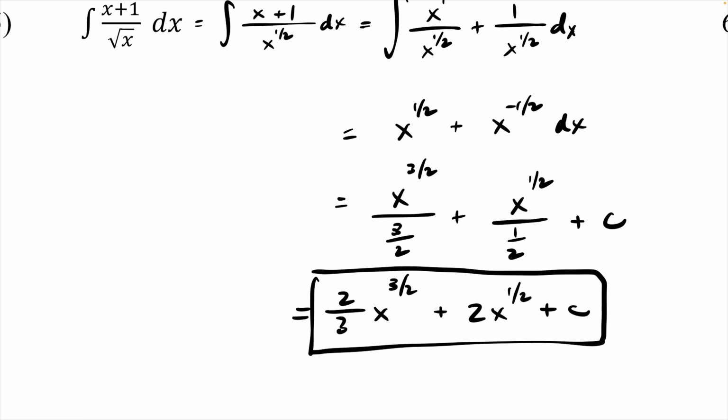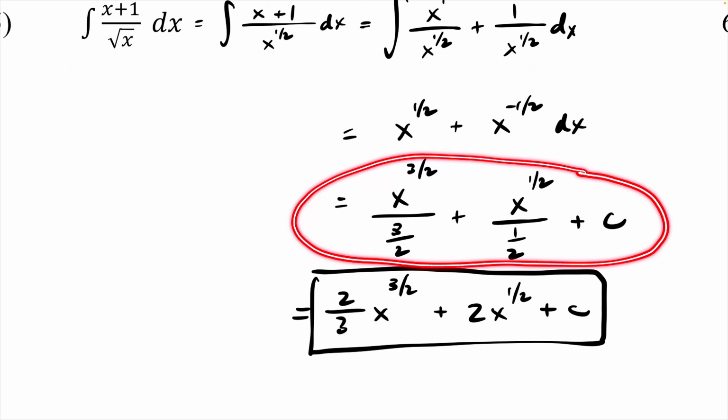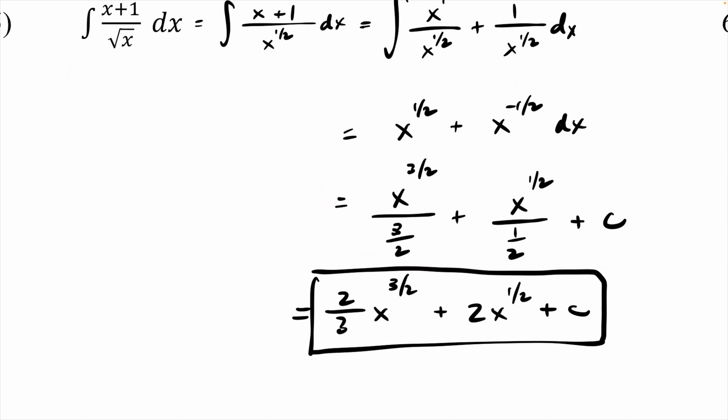Yeah, so instead of dividing by a fraction, just multiply by the reciprocal. Skip this step here where you're dividing by fractions. Just multiply by the reciprocal, 2/3, 2/1. Okay.